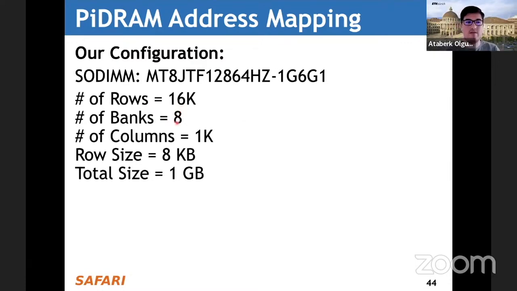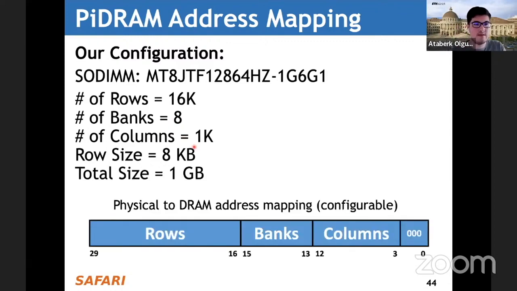Since we have 8 banks, we have 3-bit bank addresses, and similarly 10 column address bits. And this is what the physical to DRAM address mapping in our system looks like. And again, this is configurable. On the most significant bits we map to DRAM rows, then banks, and then columns.